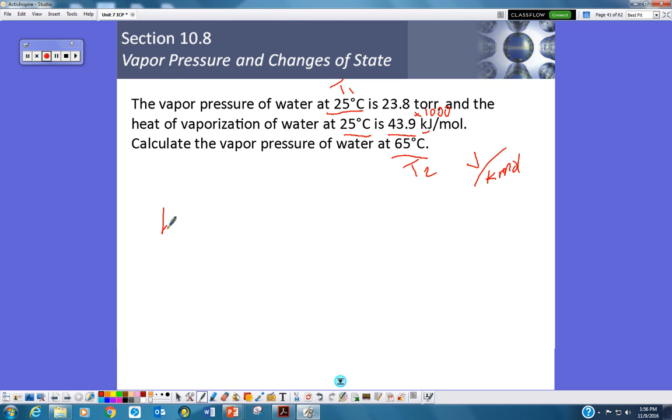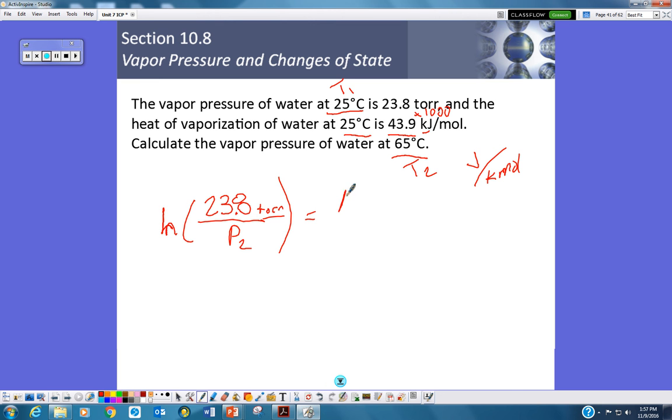So setting this up, we have the natural log, ln, of 23.8 torr. Do we have a second pressure? No, that's what we're solving for, P2.